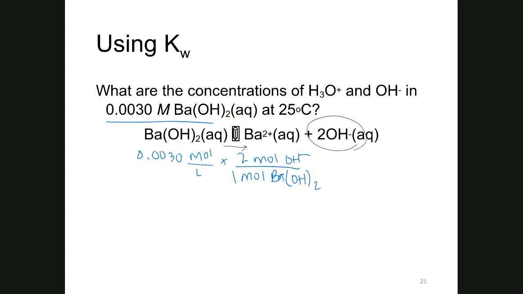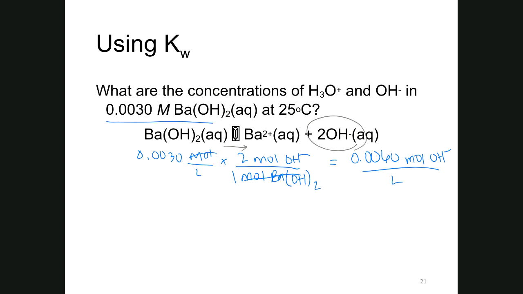So we have 0.0030 times 2. That's going to cancel out our moles of barium hydroxide, and we'll be left with 0.0060 moles of hydroxide over liters. And we know that moles over liters is molarity.